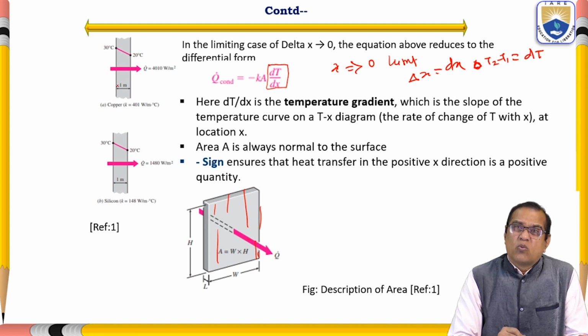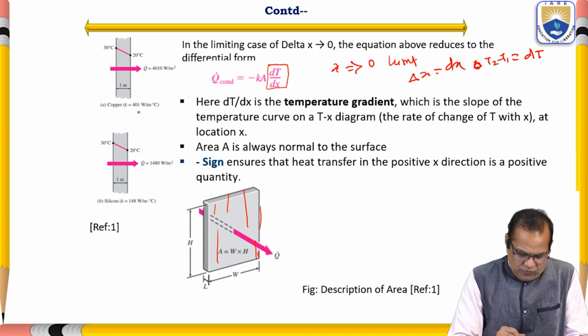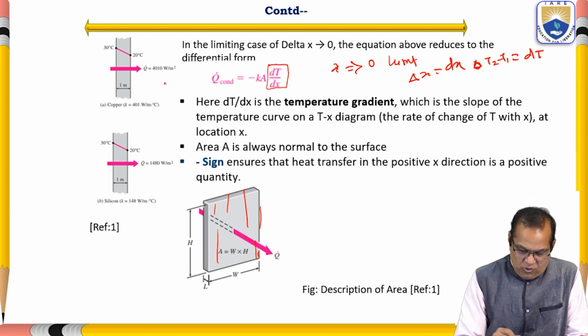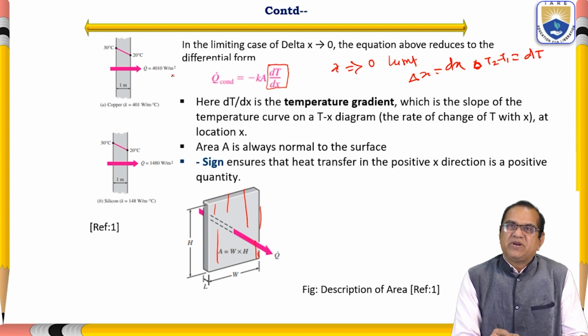If the area is 1 square meter and the material is copper, having K equal to 401 watt per meter degree centigrade, then if you put in these values, you will get 4010 watt per meter square.